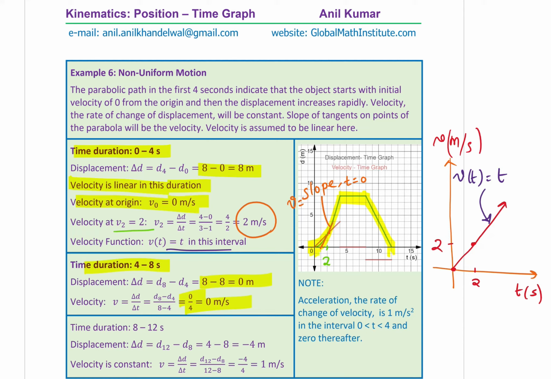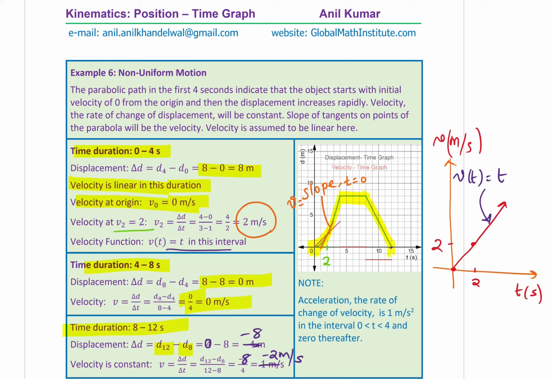During 8 to 12, what we notice here is that at 12 the displacement is 0 and at 8 it was 8. Let me make the correction here. So d(12) is 0, and 0 minus 8 is minus 8, right? That is what it is. The velocity is constant here, being the rate of change, which is minus 8 by 4, equal to minus 2 meters per second.